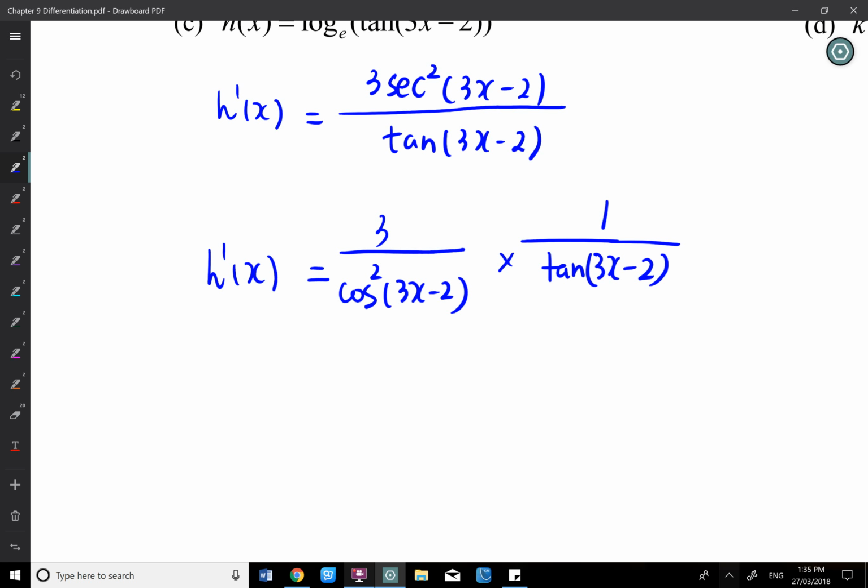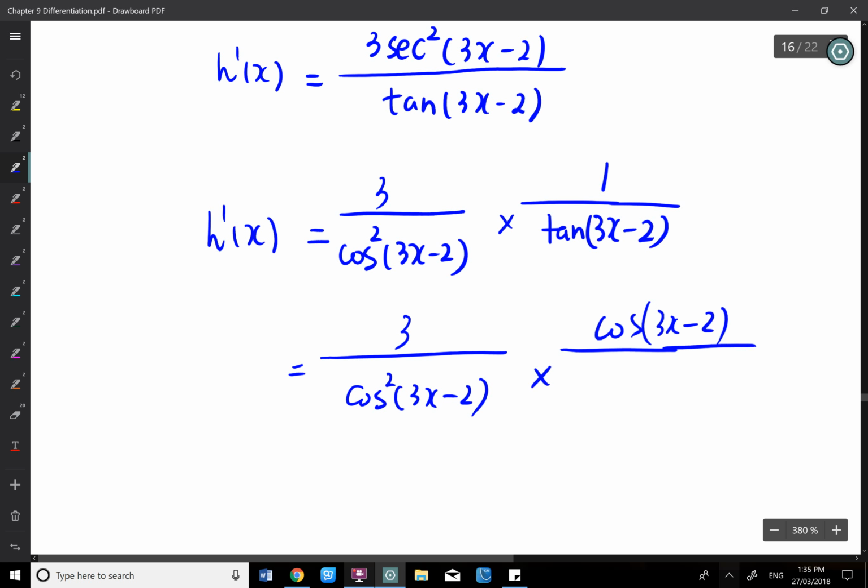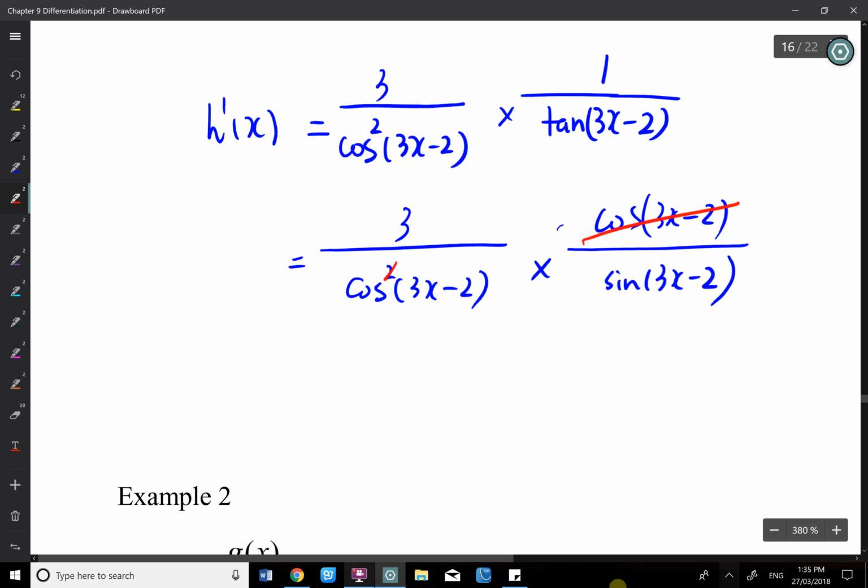And because it's 1 over, it's a flip, so that is cos over sine. So I can cancel this, and you will have 3 over sine 3x minus 2 and cosine 3x minus 2.